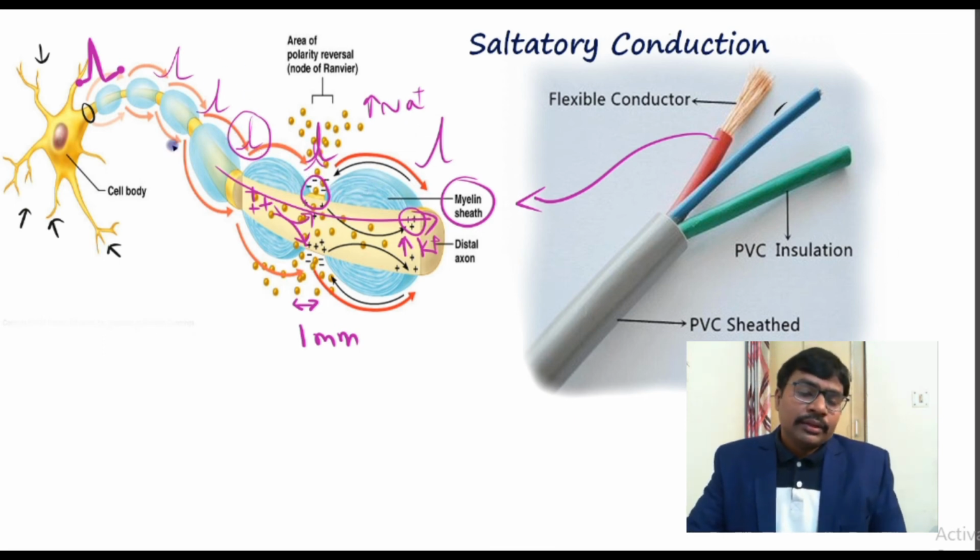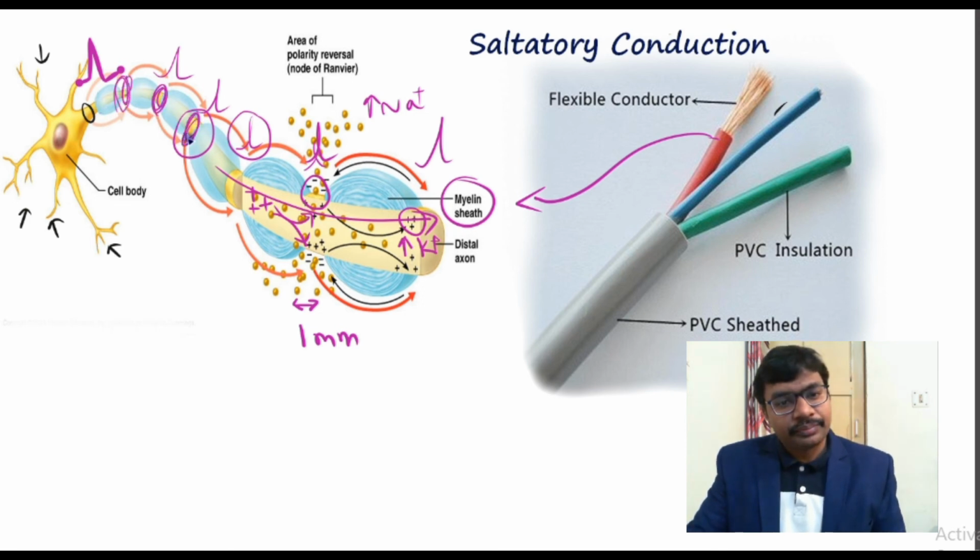What happens if the nodes of Ranvier are not there? Suppose the myelin sheath completely covers the axon. In this case, there is no possibility of an action potential.